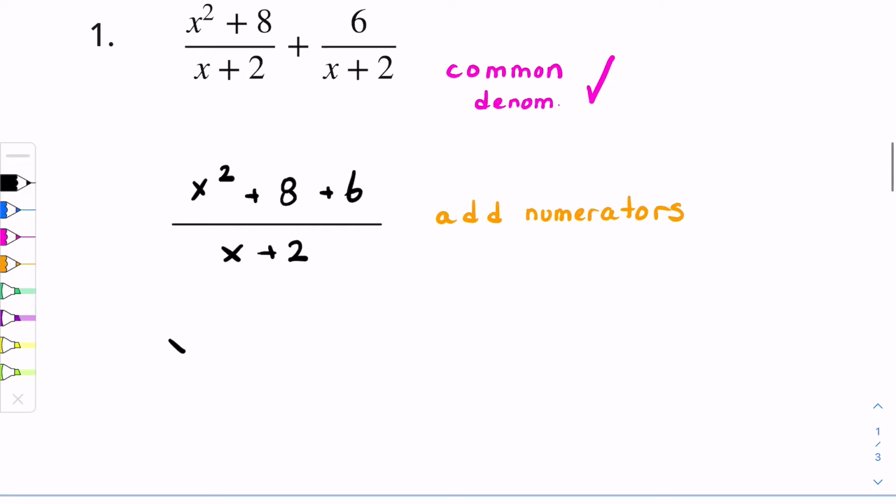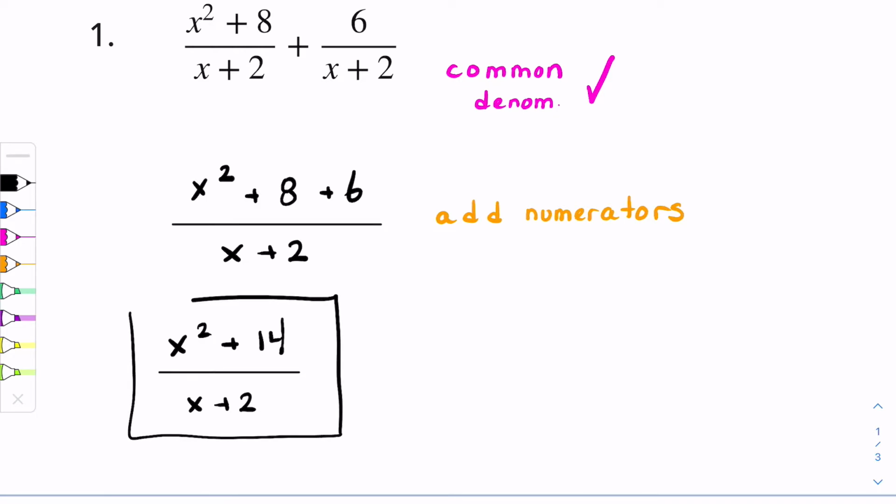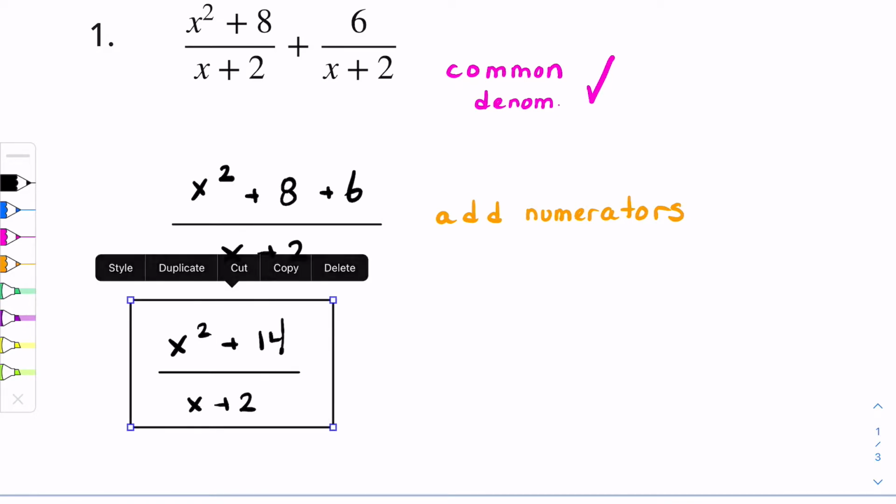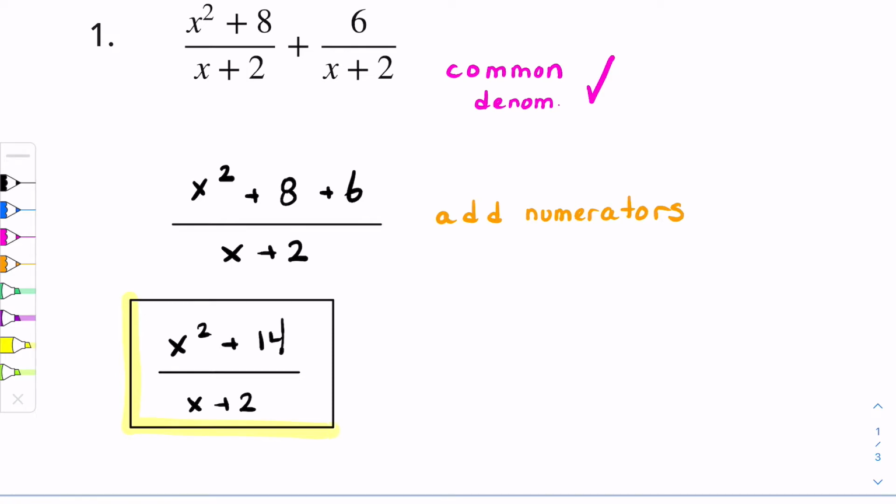I'm going to simplify my numerator, writing this as x squared plus 14 divided by x plus 2. And if you can factor the numerator, you need to check and see if you can do that. In this case, you cannot factor any further, so this here would be your final answer. This one was nice and short.